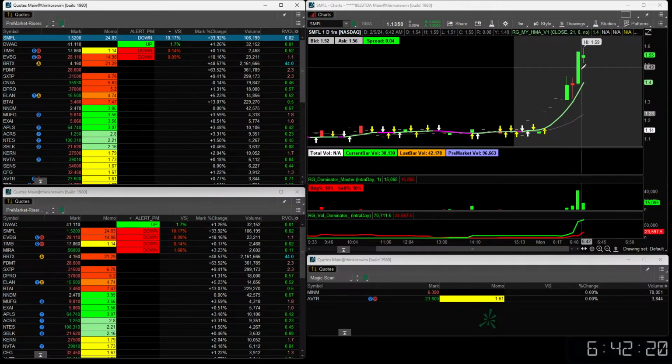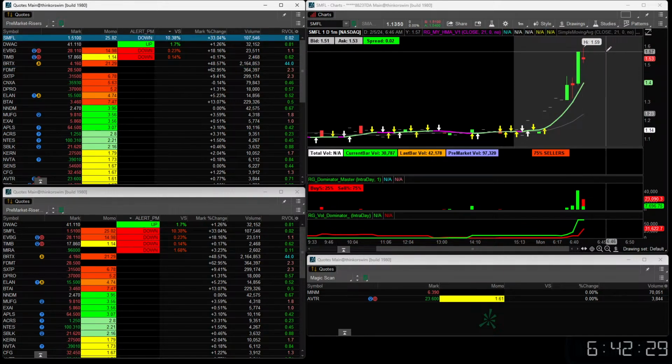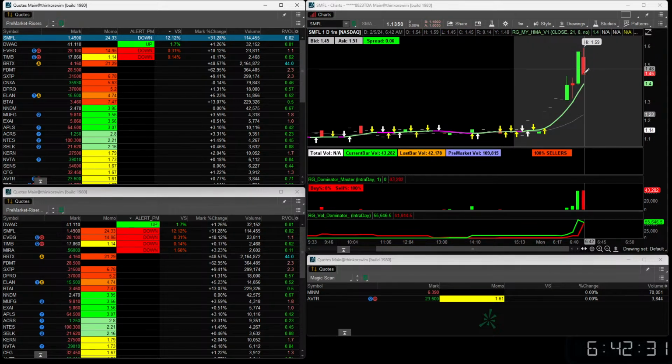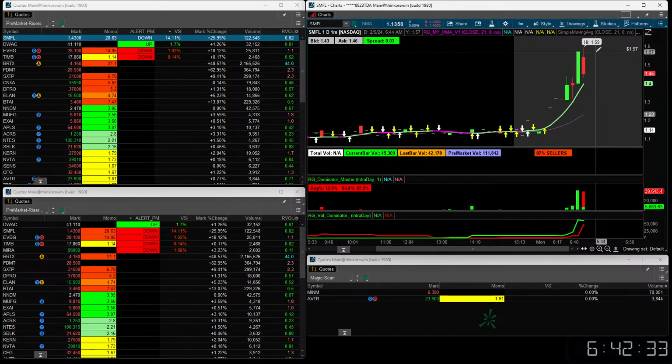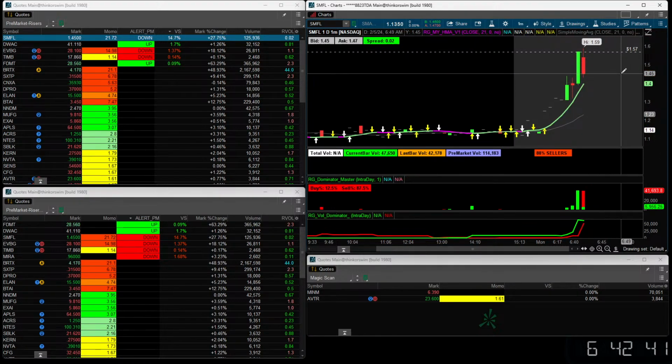I'd like to see it pull back at least 50% of this candle, not all of it, but most of it anyway. And sometimes it doesn't pull back far. You will see, here we go, a tall wick on the bottom. That means the buyers are buying it back up and they'll drive it even higher. So we need this candle to close.